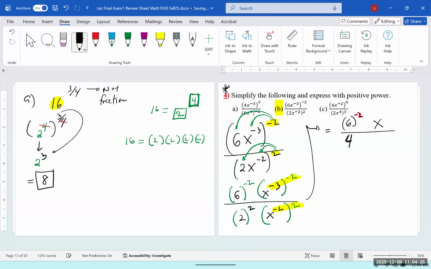And then we have x on the top, x on the bottom. Now what do we do with the powers from here? Do we multiply them or do we add them? What's the power rule for this type of exponents? Do you guys remember? If you have x to the m and then n, do you multiply the powers, add the powers or subtract the powers?